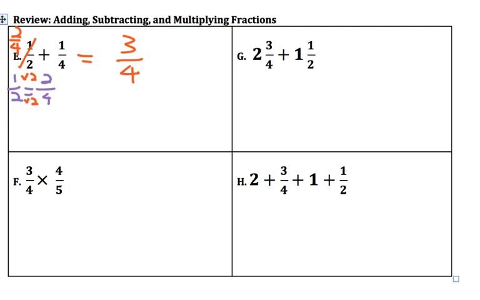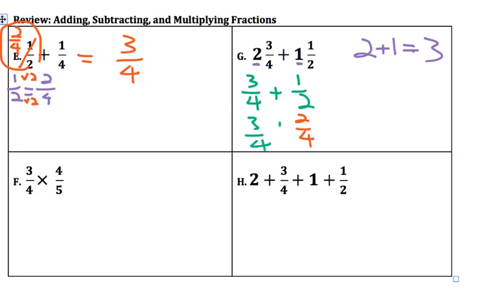For G, it says 2 3/4 plus 1 1/2. And to do this one, I guess what I could do first is I could add the whole numbers. So 2 wholes and 1 whole would be 3. And then I'm going to add the fractions, 3/4 plus 1/2. And I know from this problem over here that 1/2 is the same as 2/4.